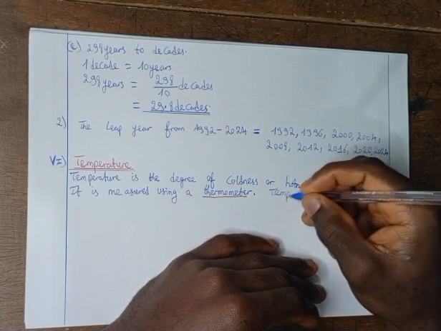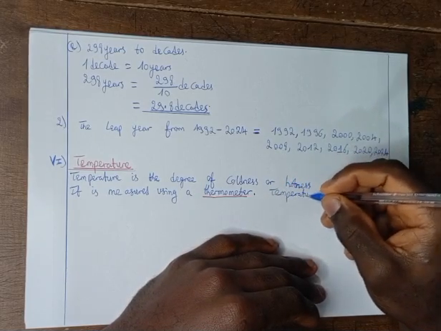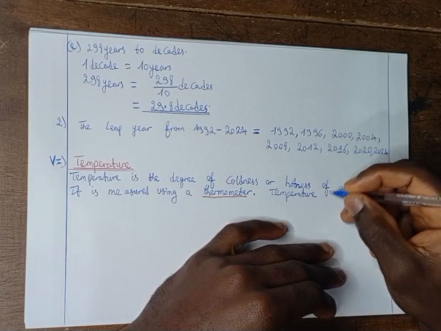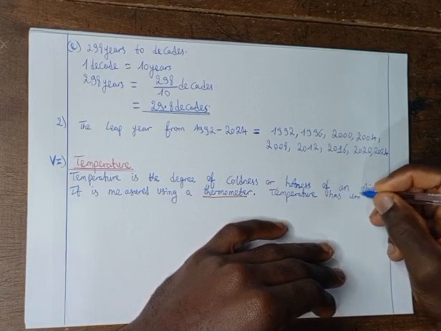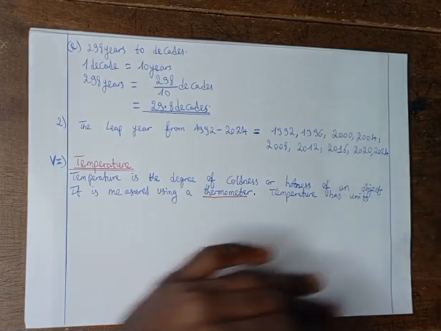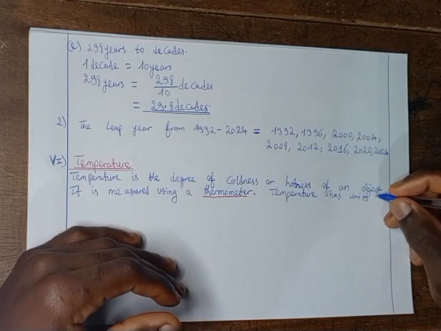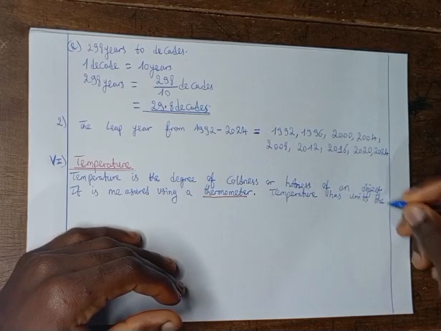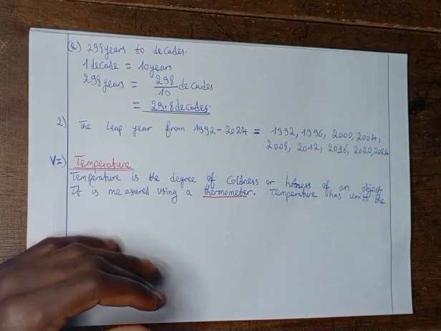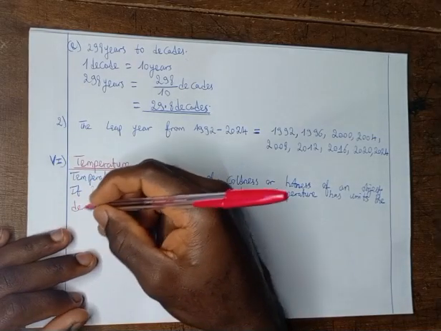Temperature has units. We have the degree Celsius. I'll write them down with a red pen.